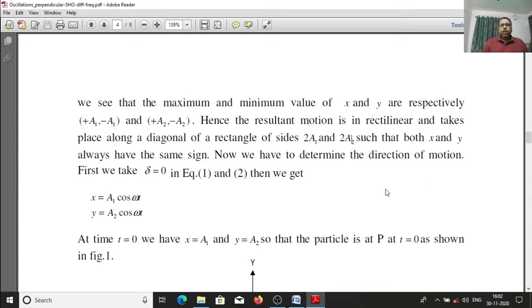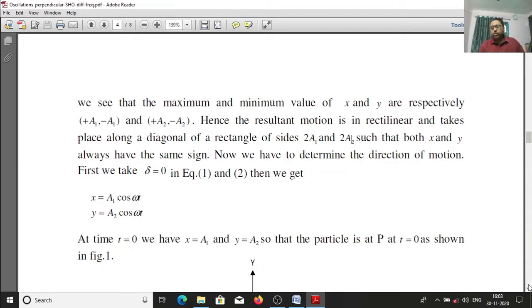Now we have to determine the direction of motion. First we take delta equal to 0 in equations 1 and 2, then we get x equal to a1 cos omega t, y equal to a2 cos omega t. At time t equal to 0, x equal to a1 and y equal to a2.